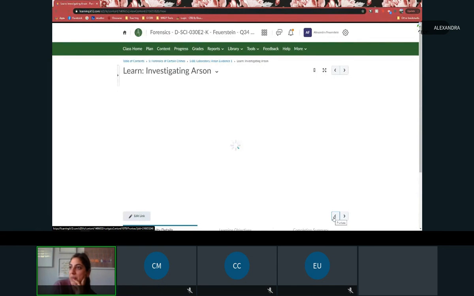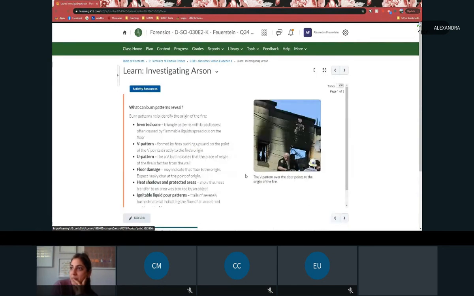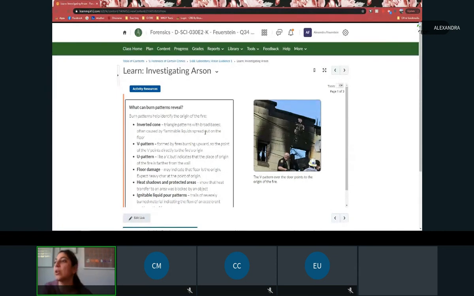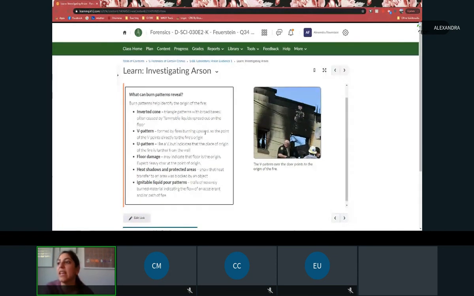There we go. Inverted cone, triangle patterns with broad bases. Yes. Heat shadows and protected areas show that heat transfer to an area was blocked by an object. Good, so you guys have the shadow correct. Heat shadow, burn shadow, fire shadow is fine. Heat shadow is technically accurate.